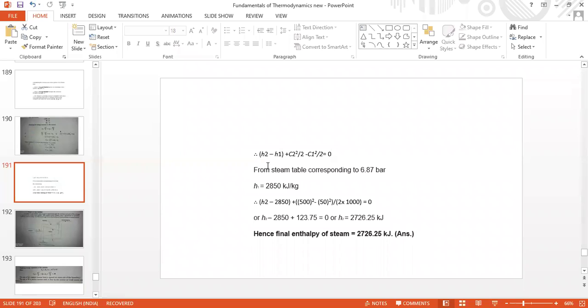Whereas in the equation, the values H1 and H2 are in joule per kg, where I asked you the unit of C1 square by 2 or C2 square by 2, or velocity squared. What is the unit of velocity square? The unit of velocity is meter per second, and when squared, what is its resultant?